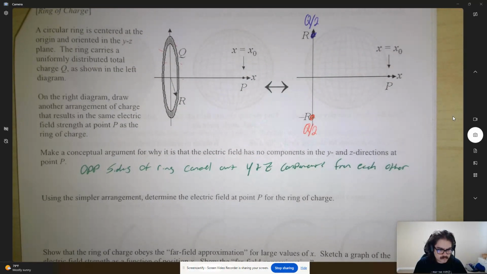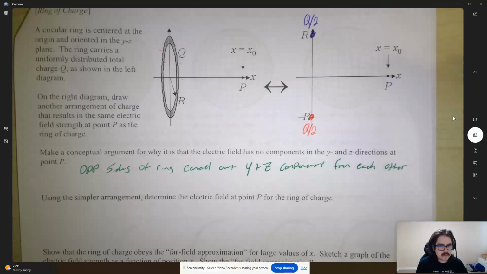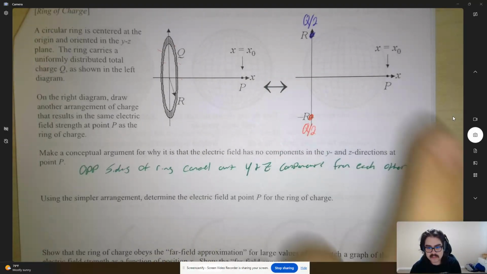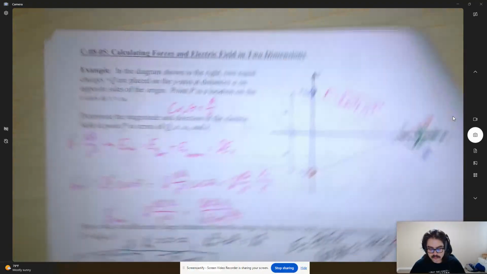The simpler arrangement is way easier to determine the electric field for, and this ends up being the exact same equation that we derived in the previous part.